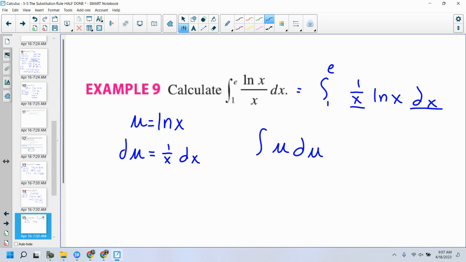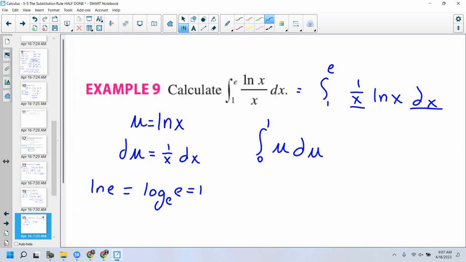Now, I have to change the boundaries, right? What does the 1 turn into? ln of 1 is 0. What does e turn into? ln of e. That's like saying log base e of e. 1.